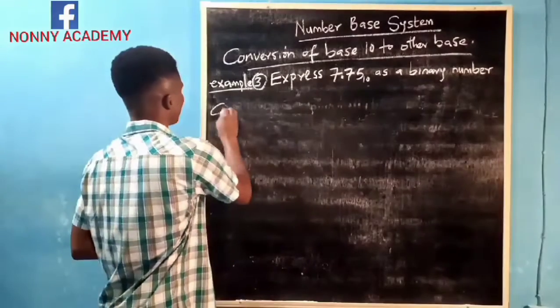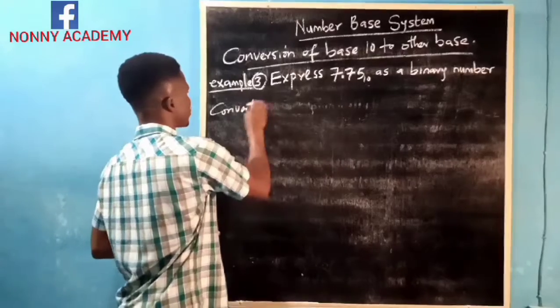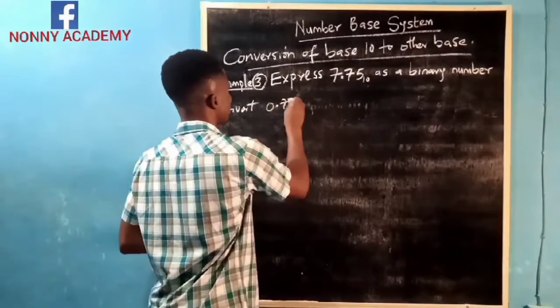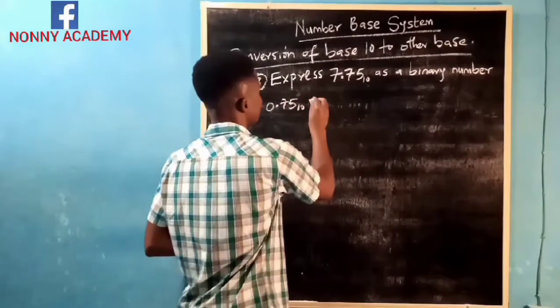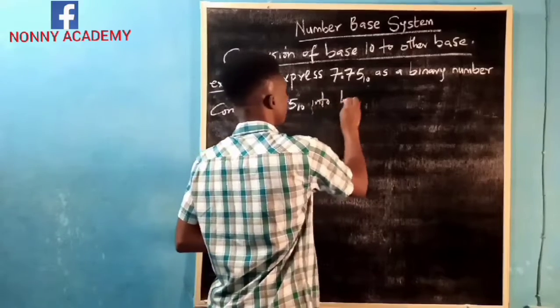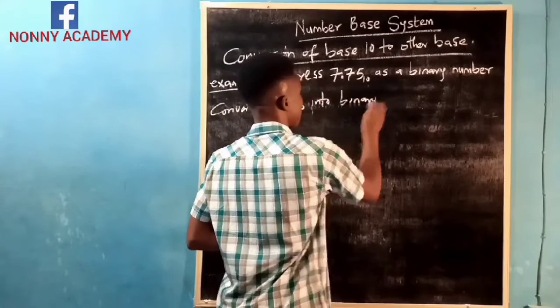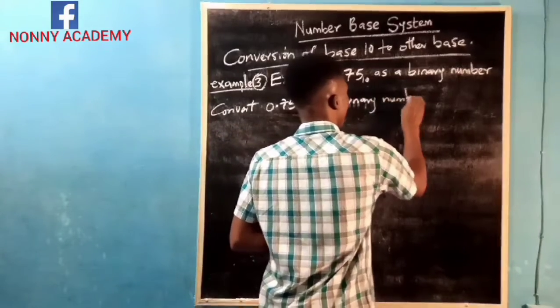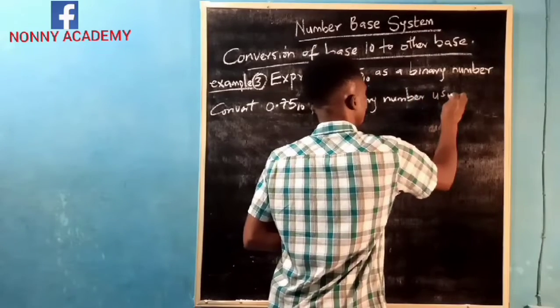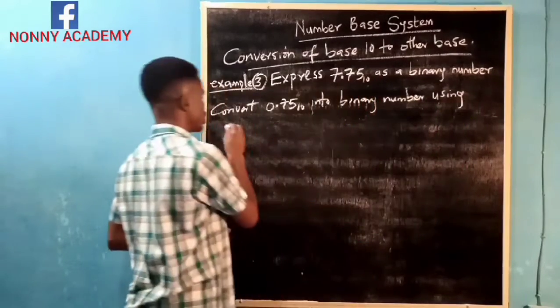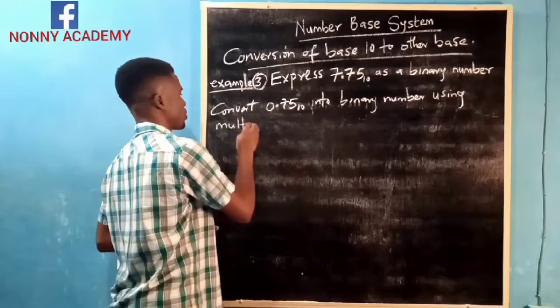Here I have to convert 0.75 base 10 into binary number using multiplication method.